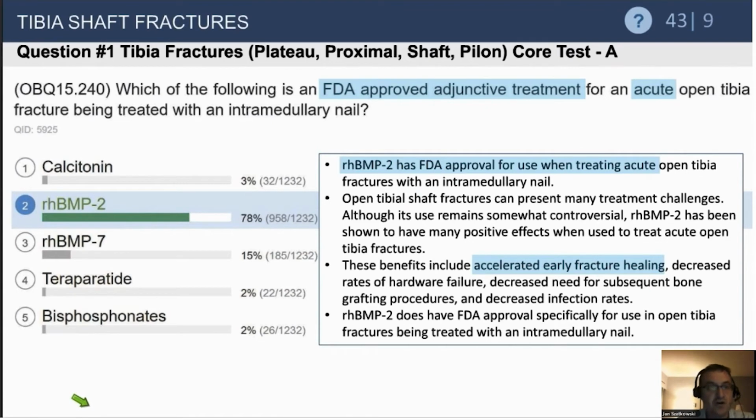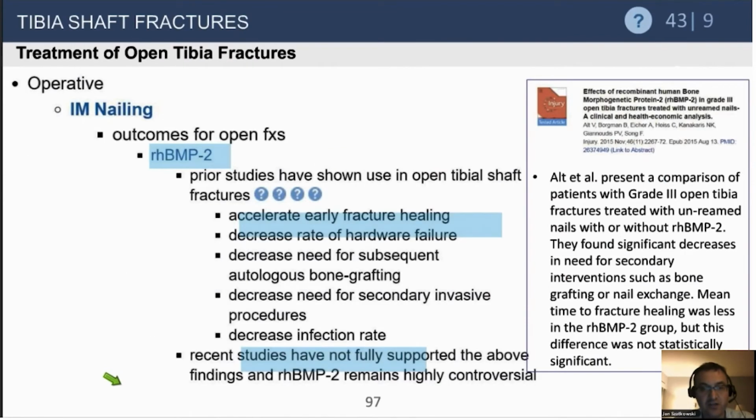Now, it was shown in some studies, which are now called into question, to accelerate early fracture healing because it increased angiogenesis and so forth. But right now, once again, called into question. It's important to note this, but I think right now it's very controversial, and some of it may not be as well tested as we thought. The jury's still out, though.